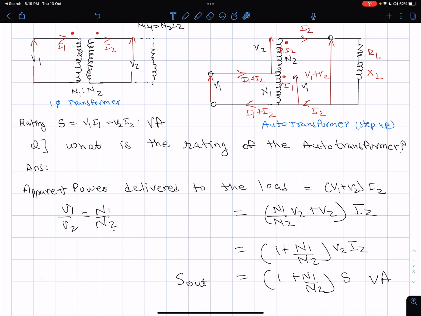The flux level in the winding is the same, so the no load losses are going to be the same. Again, both the windings carry their own rated current, so the copper losses are also going to be the same. That means that the losses don't change, but the rating of the transformer goes up.